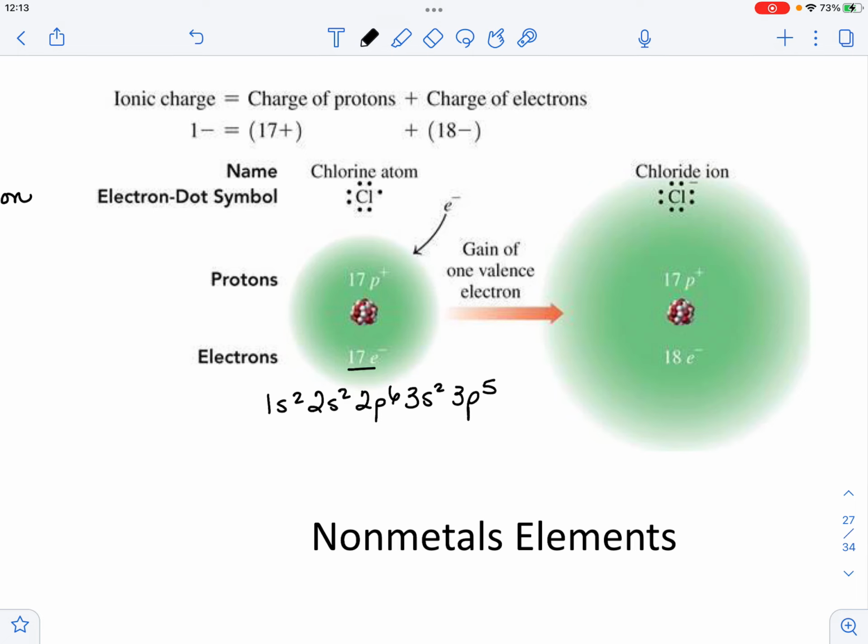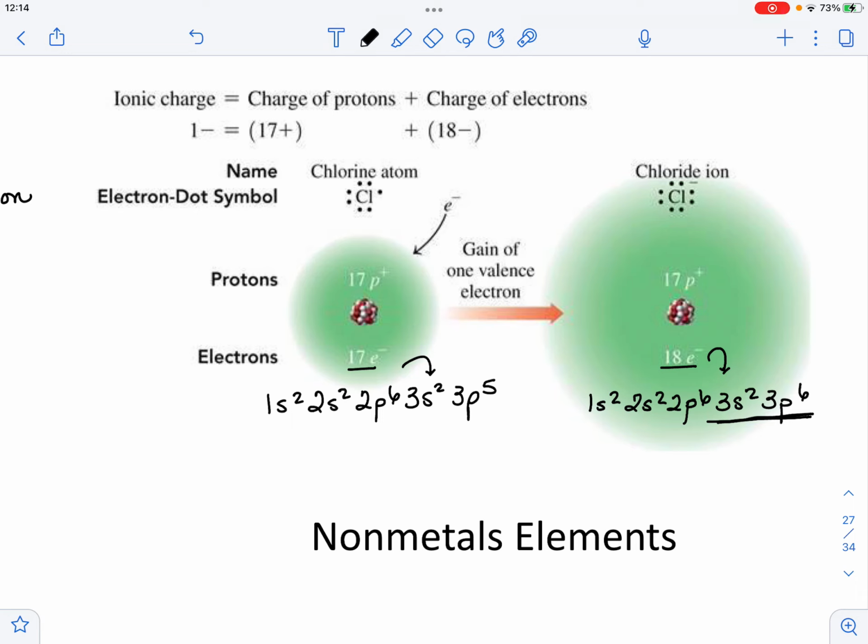Now it goes from 17 electrons with this electron configuration to 18 electrons with the following electron configuration: 1s2, 2s2, 2p6, 3s2, 3p6. So when that occurs, all of a sudden, chlorine is going to have a full valence shell, because now, at level 3, it has 8 electrons.